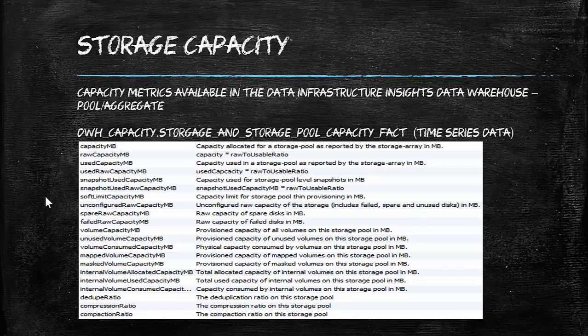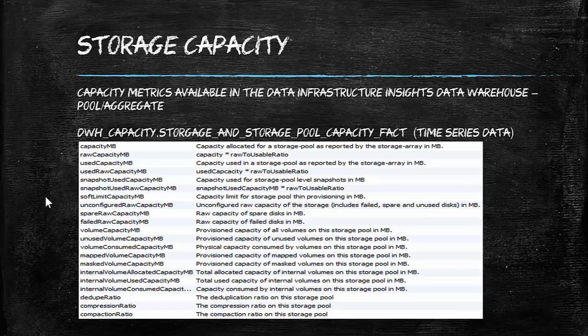Okay, so this is now a time series look at the storage and storage pool capacity fact, a very popular and important table in the data warehouse. When you see storage and storage pool capacity fact, you'll see these types of metrics.